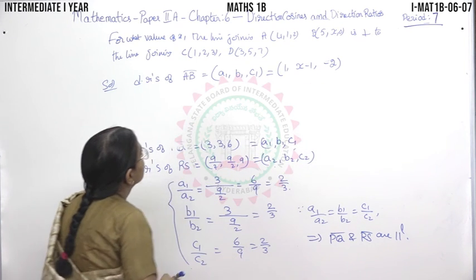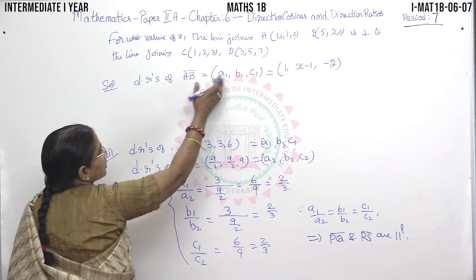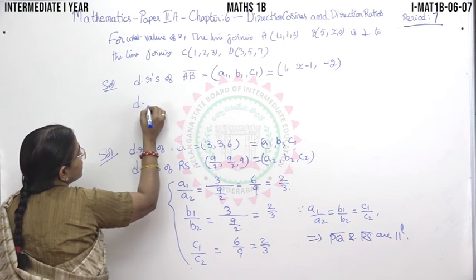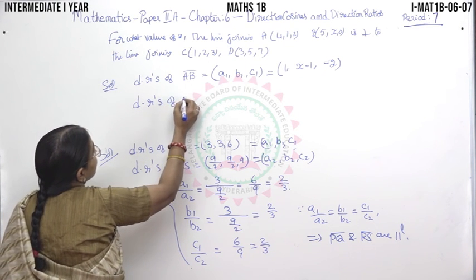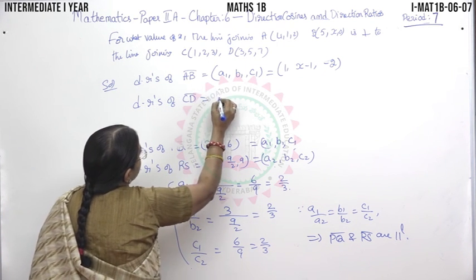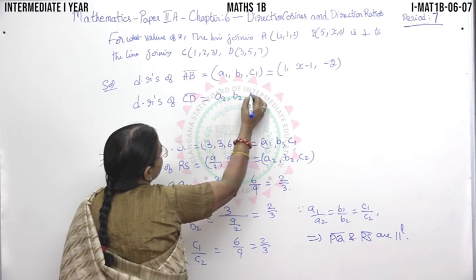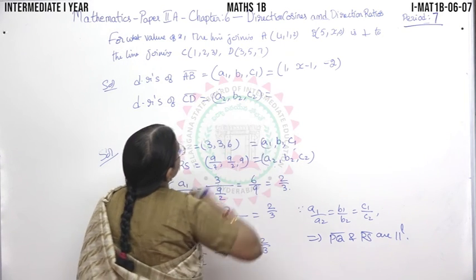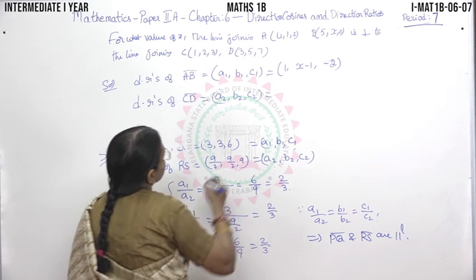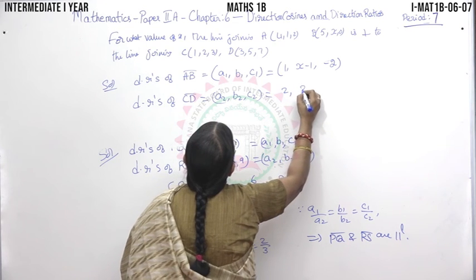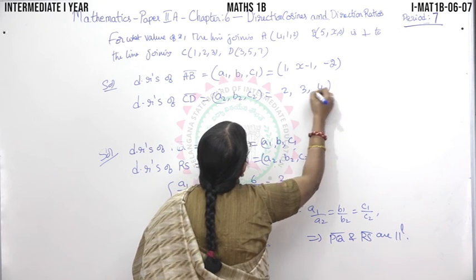So you can write the formula x2 minus x1, y2 minus y1, z2 minus z1, like that. So the DRs of CD, you name them as A2, B2, C2. So it is 3 minus 1, that is 2, 3, 4.